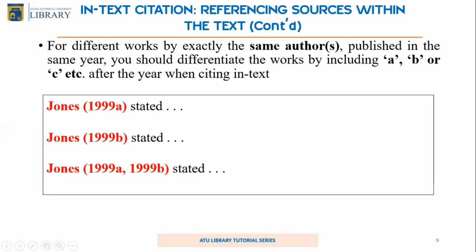Jones has 3 publications in the same year, or 4 publications in the same year, 1999, 1999, 1999. So in a particular work, we decided to use all the publications published by Jones. Because they bear the same year of publication, 1999, we use these letters to separate them. So the first one goes with A, the second one goes with B, and it follows in that order.